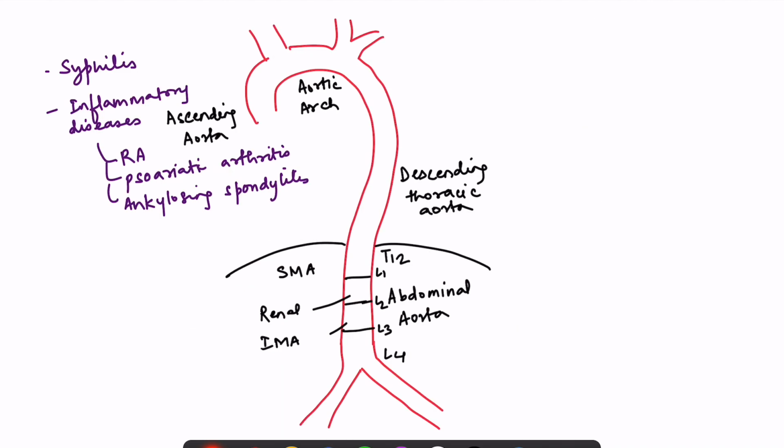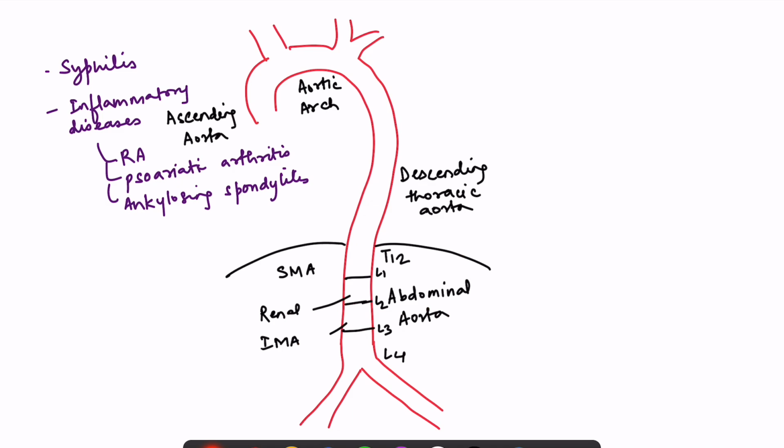Now moving on to causes of aortic aneurysm. So I told you that it is classified based on the location of the aneurysm as thoracic aortic aneurysm and abdominal aortic aneurysm. So there are different causes for these as well. Here a diagram is shown of the aorta to make you understand better. First are the causes for the ascending aorta and aortic arch.